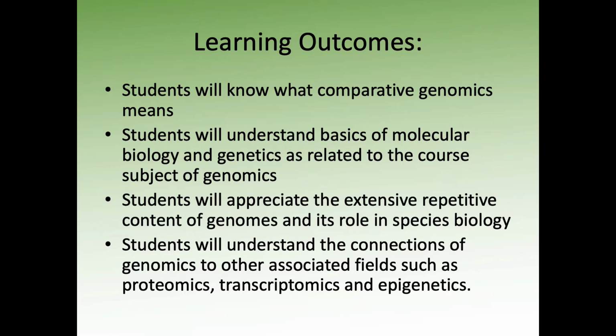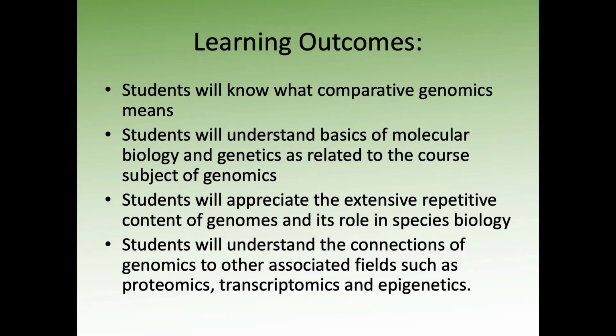So hopefully after this lecture, students will have a good understanding of what comparative genomics is, a good understanding of the basics of molecular biology and genetics and how it relates to the subject matter of genomics, and an appreciation for the role that the various components, especially repetitive elements, can play in a genome and species biology.